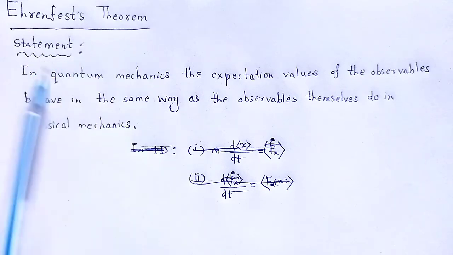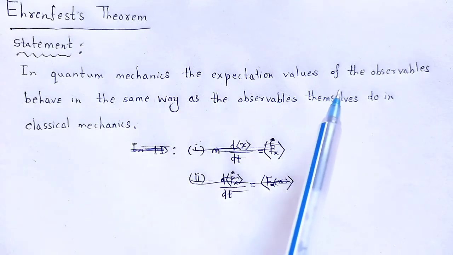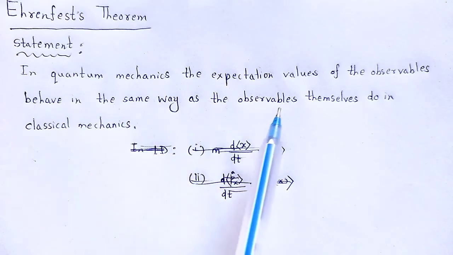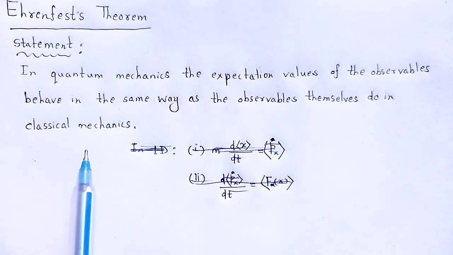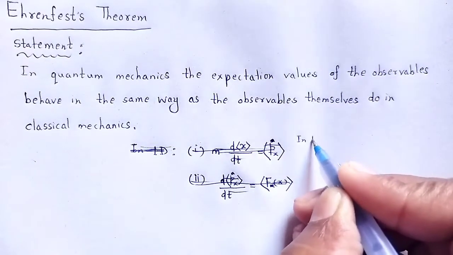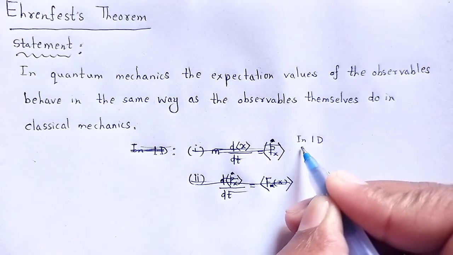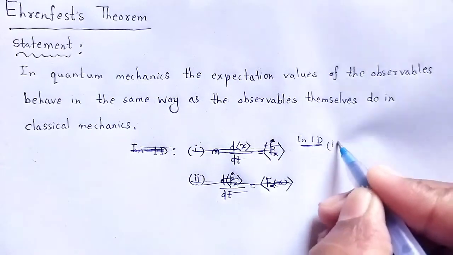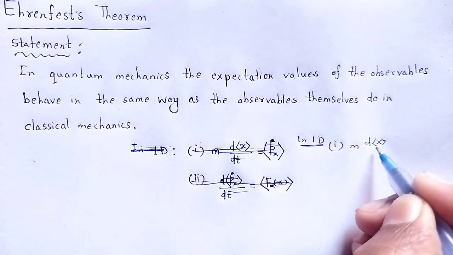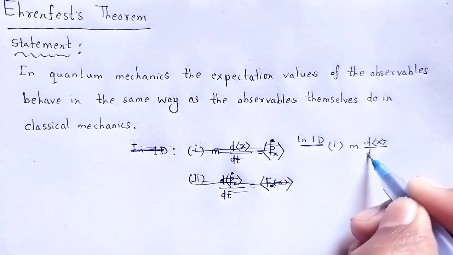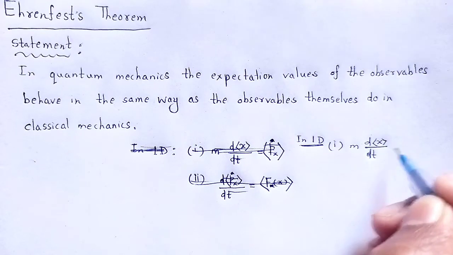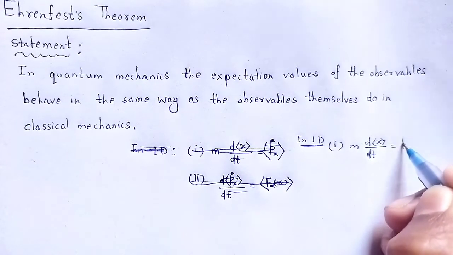What is EHRENFEST'S theorem? In quantum mechanics, the expectation values of the observables behave in the same way as the observables themselves do in classical mechanics. If we consider one dimensional motion, the equations are: first, m d expectation of x by dt, that is, the position gives rise to momentum.